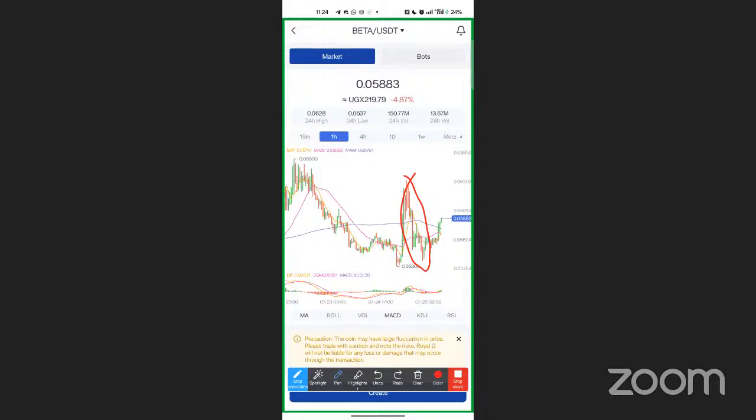Meaning, when you see the market going down, it's an opportunity for you to buy. For example, this coin is very good. Why? Because the market was creating a supply of coins at a cheaper price, creating a demand. Boom.